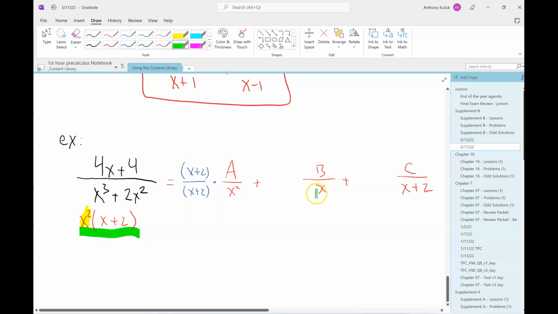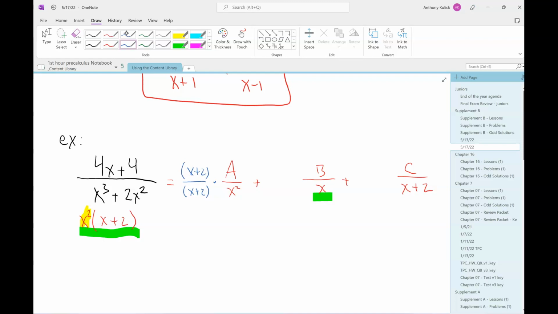Okay. The next one, again, I'm trying to get x squared times x plus 2. Here I have an x. So what do I need to multiply this one by? Trying to get to x squared times x plus 2.